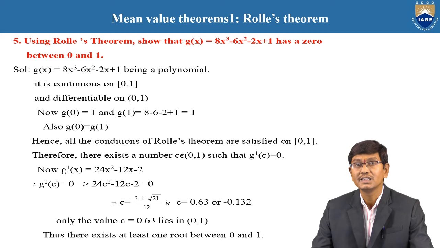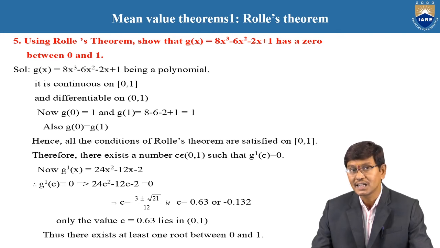Similarly, g of 1: in the given function g of x, when we replace x with 1, the value is 8 minus 6 minus 2 plus 1, which together is equal to 1. Therefore, g of 0 is equal to 1 and g of 1 is also 1, so g of 0 is equal to g of 1. Therefore, the three conditions are satisfied, and Rolle's theorem is satisfied.